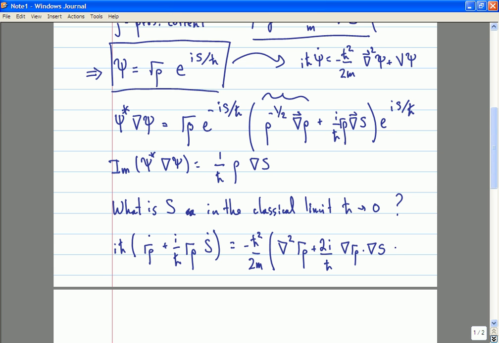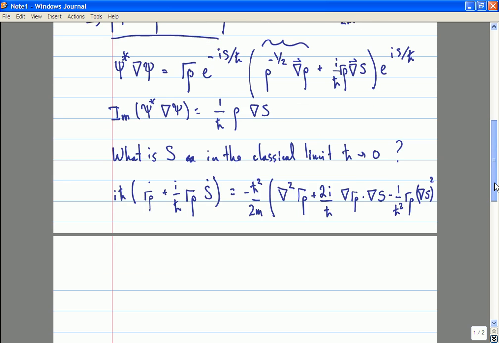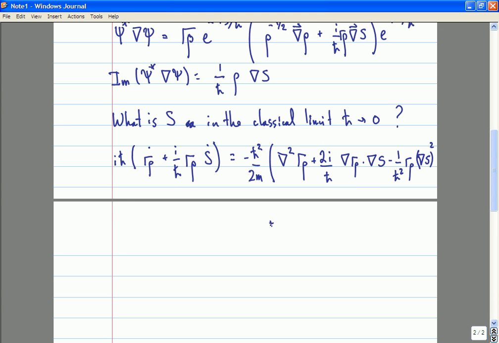There'll be another term where the derivative hits the S up in the exponential twice. And then there'll be a fourth term where the derivative first hits S to bring down a gradient of S, and then it hits that gradient again to give you grad squared S. And then, of course, there'll be the potential term, the square root of ρ times V.